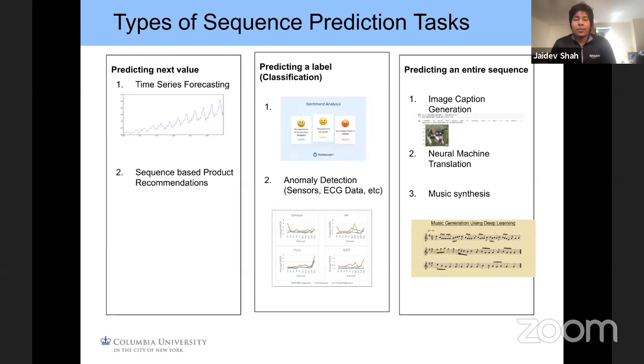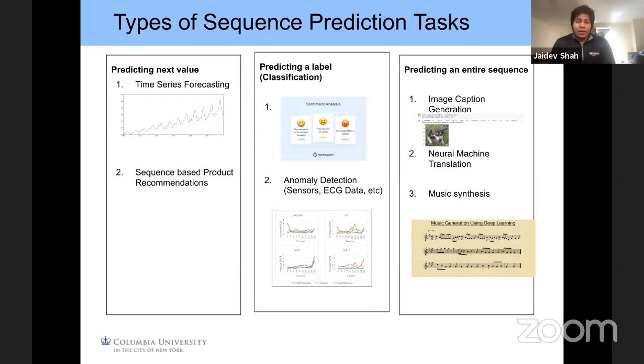And then anomaly detection. I feel like everyone has a smartphone these days, or everyone has worn a Fitbit or some sort of fitness watch. So often, if you look at medical studies which are done using deep learning, they try to use these sequence models to find anomalies in patients' heart signals or brain waves, or even if you think about consumer tech, anomaly detection is used to find anomalies in user behaviors.